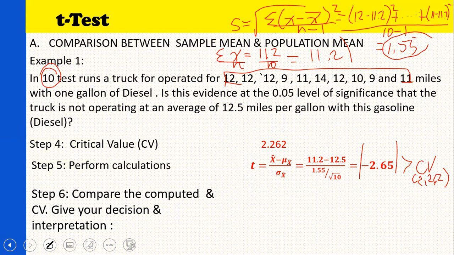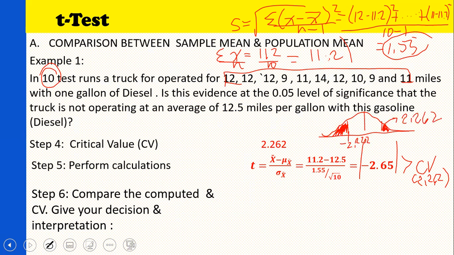Okay, so before tayo magkaroon ng conclusion, let's have the following. Since this is a two-tailed test, here is the graph natin of the two-tailed test. The critical value stays at negative 2.262, and this one is positive 2.262.